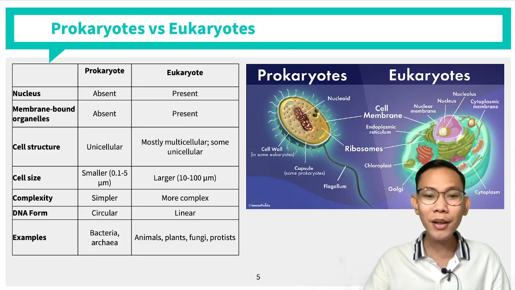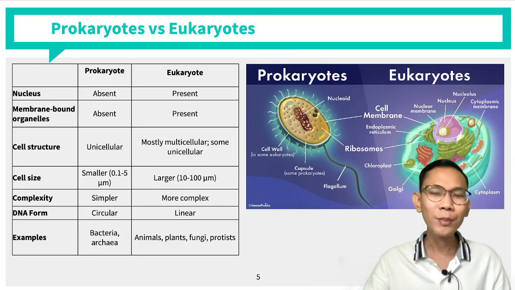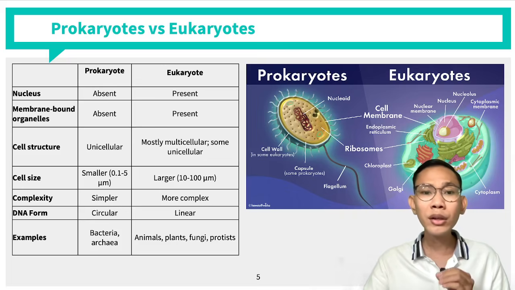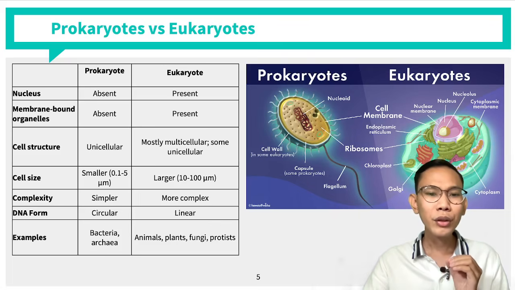So again, examples are your bacteria and archaea, and for eukaryotes are your animals, plants, fungi, and protists. So that is how we differentiate prokaryotic versus eukaryotic. Now we understand that the classification of bacteria belongs to prokaryotic.